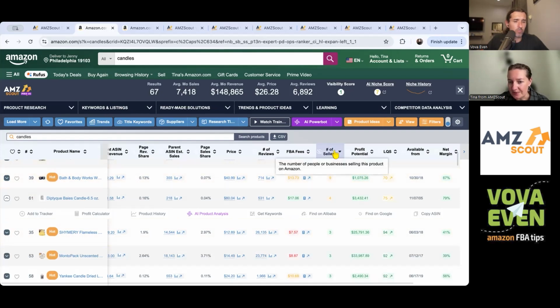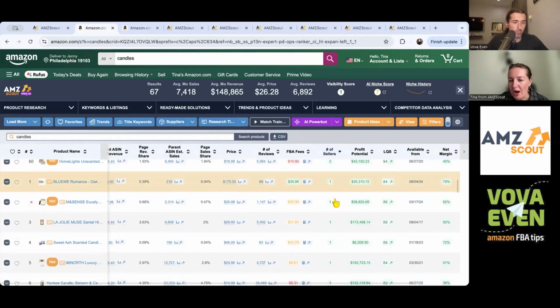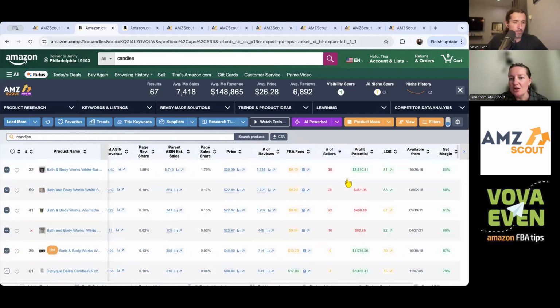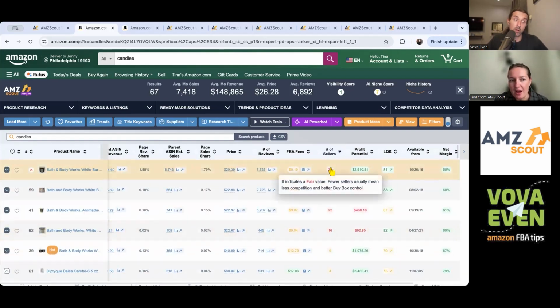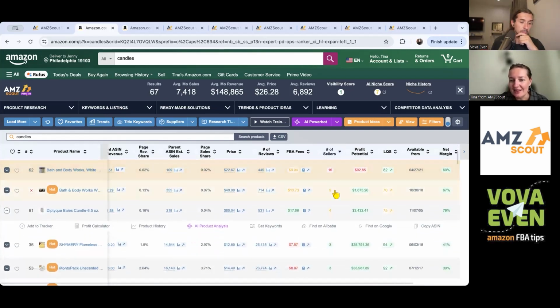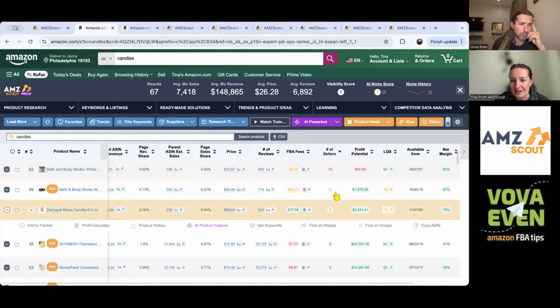I sort it and skip the products that have just one or two sellers because they are probably private label. I also skip the products that have a lot of sellers because it means high competition, obviously. And I'm looking at those that have yellow numbers, a 9 and 4, especially this one.